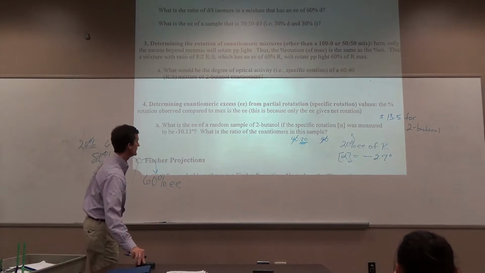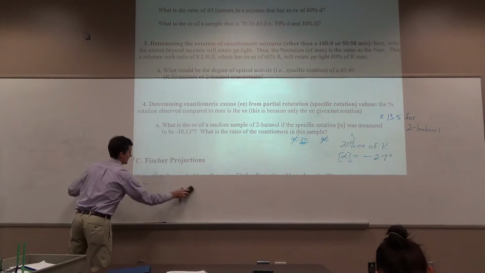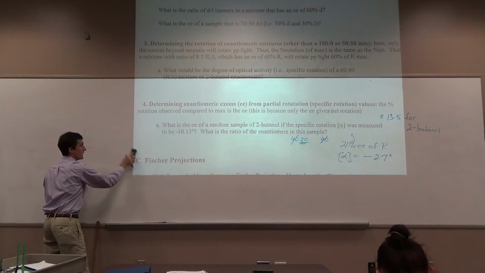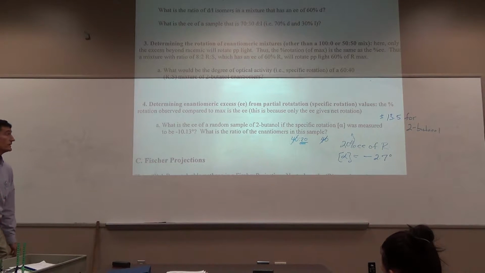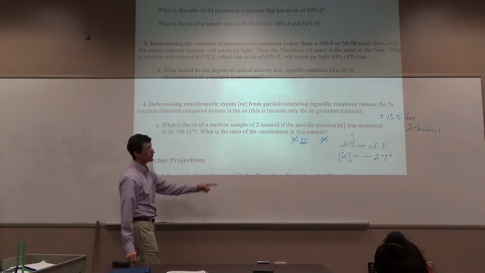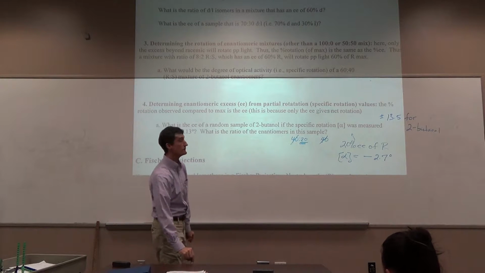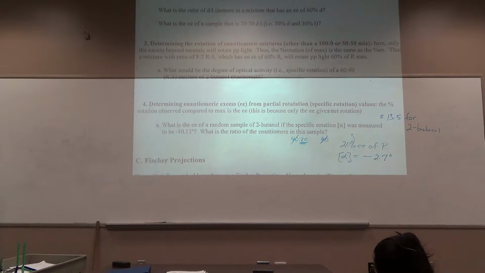How do you want to do this? Go ahead and do it if you know how to do it. You're just going the other way, working backwards from how we got to that. Somebody do it and tell me what it is. It should be a whole number.